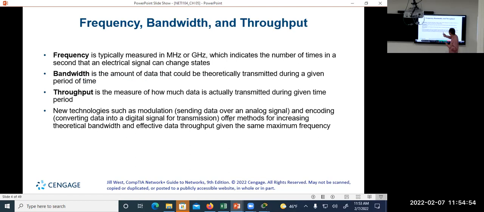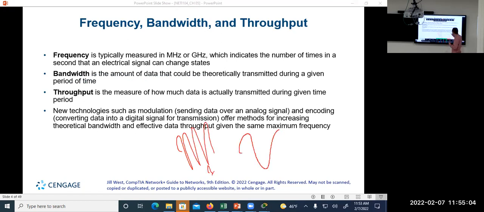If you have a higher fluctuation, you can tell that is bit number 1, but if you have a slower fluctuation, you can tell that is bit number 0. And in the case of the optical cable, when you have light on, you have bit number 1, and when you have light off, you have bit number 0. That is modulation: how you convert the data into the physical layer and transmit it.